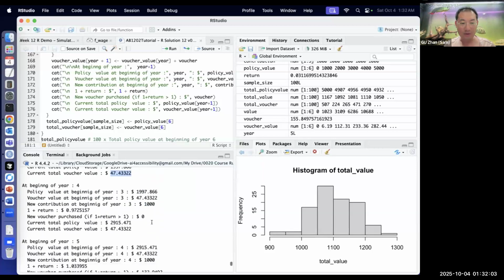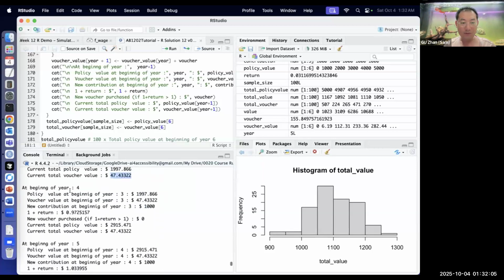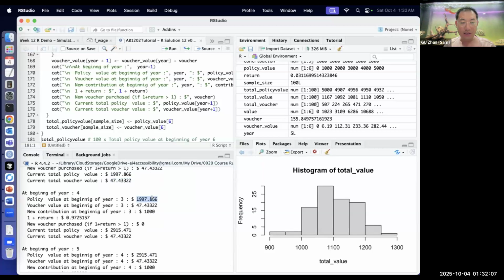Then you go to year 4. You have this 1,997 plus this 1,000, and again you are incurring a loss. When you're incurring a loss, that means you do not have a profit, and the new voucher will be 0. So 0 plus 47, you still have 47 for this year, and the total amount is 2,997.